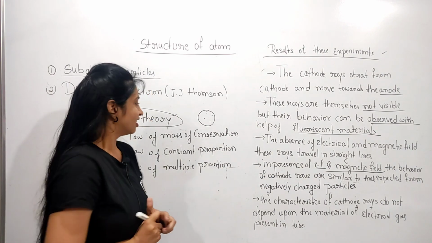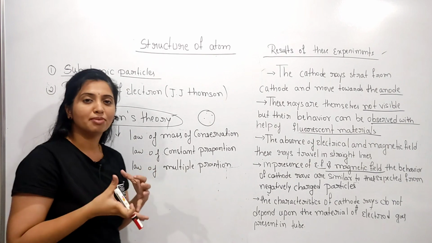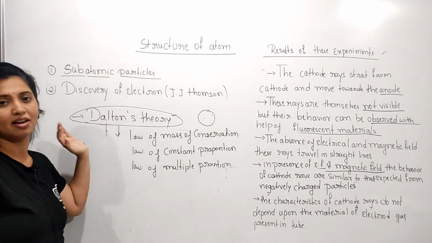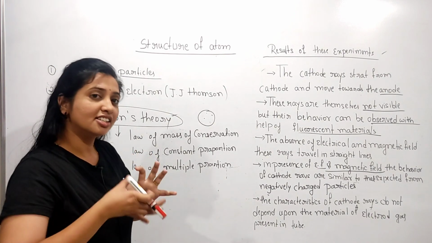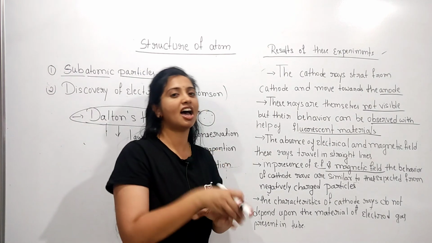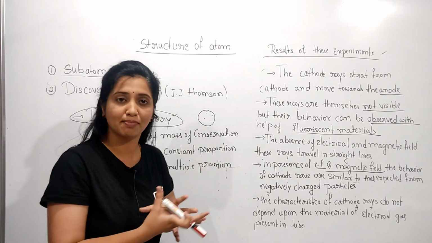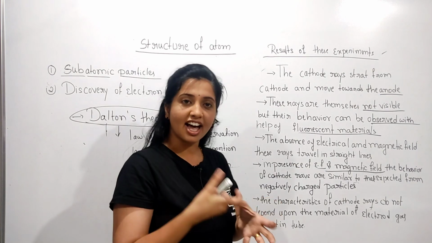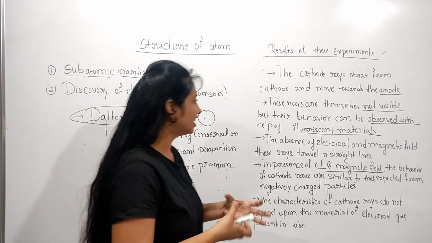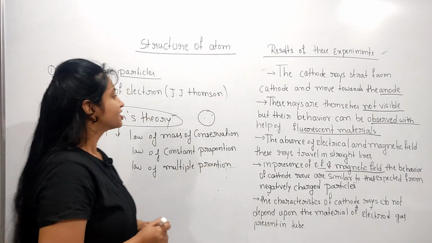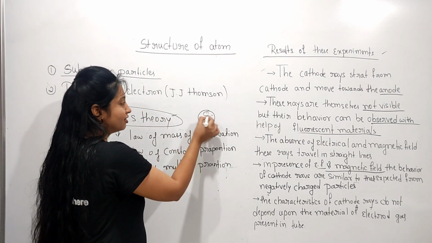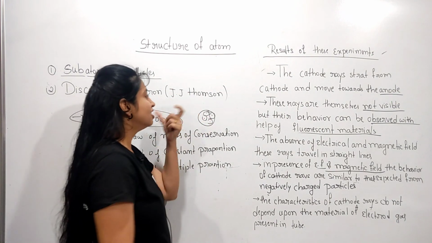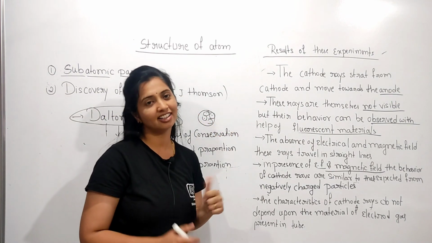Just imagine, the atom is not visible to our naked eyes and it is a very tiny particle. In that tiny particle again we have subatomic particles, and how they were discovered and how their existence is accepted by science. By those experiments we found the subatomic particles like protons, neutrons and electrons.